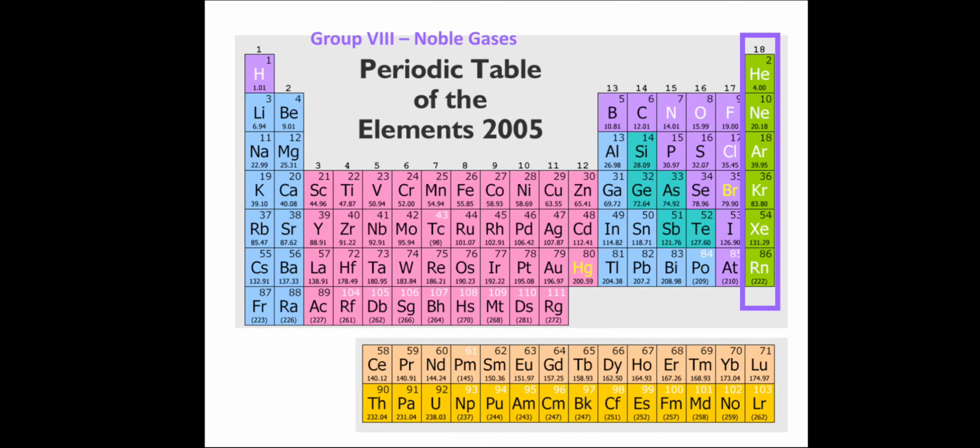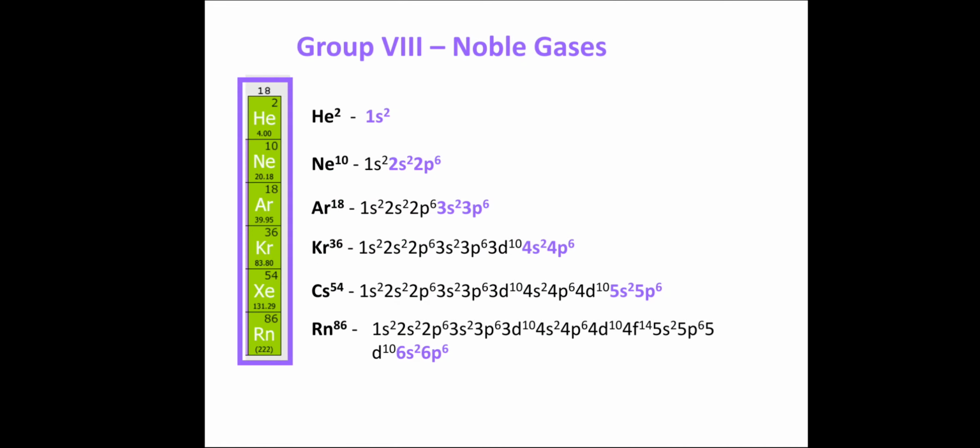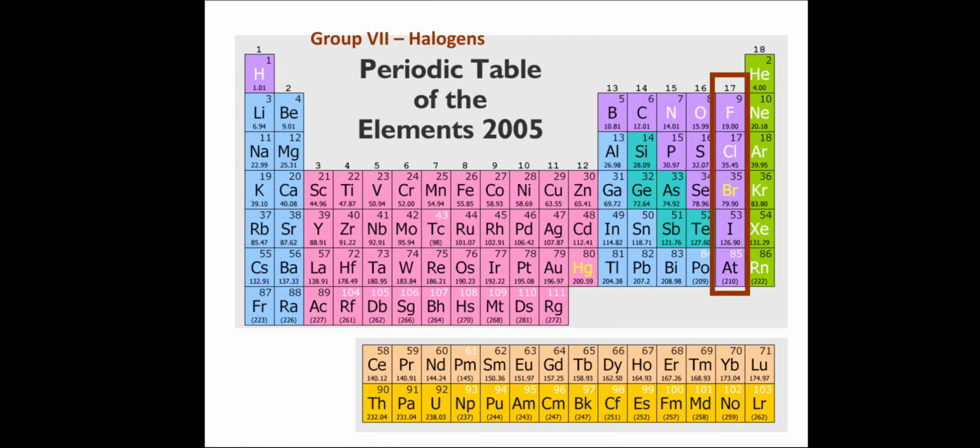Similarly, the noble gases have a completely filled electronic configuration, that is nothing but the octet configuration. These elements are noble because their valence shell is completely filled. Group 17 is otherwise called the halogen group, which comprises fluorine, chlorine, bromine, iodine and astatine.